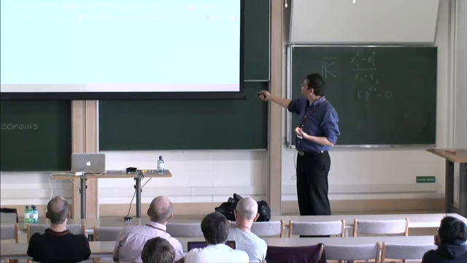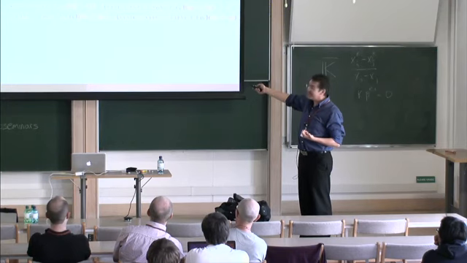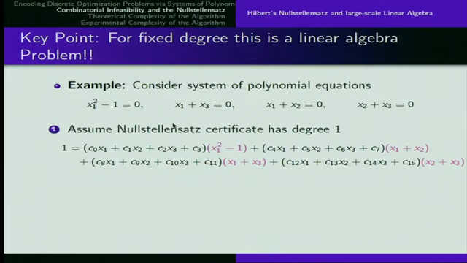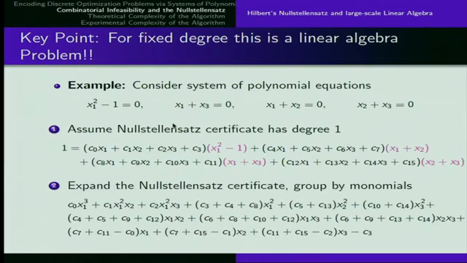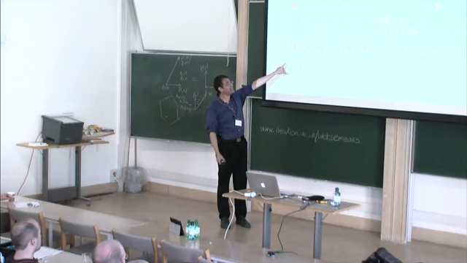But look what I can do. I can expand these in powers of x1, x2 and x3, and I can regroup things. If I expand everything here and regroup, now this is the original polynomial, and that has to be equal to 1.